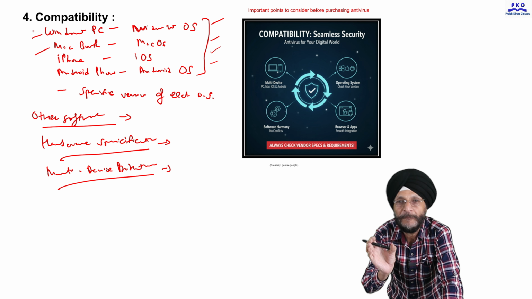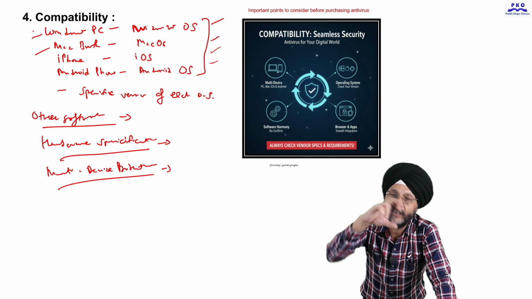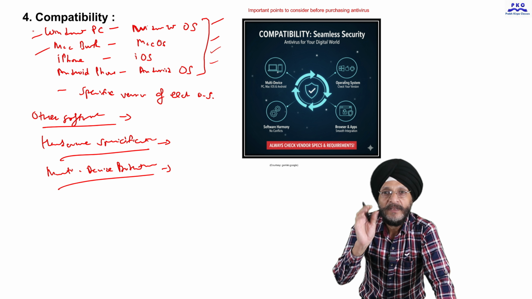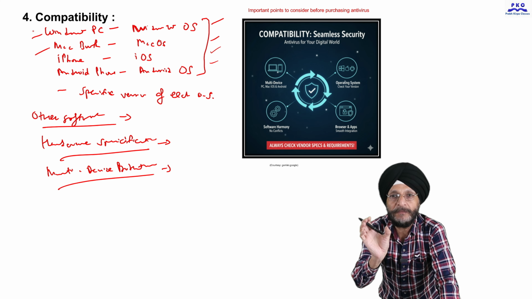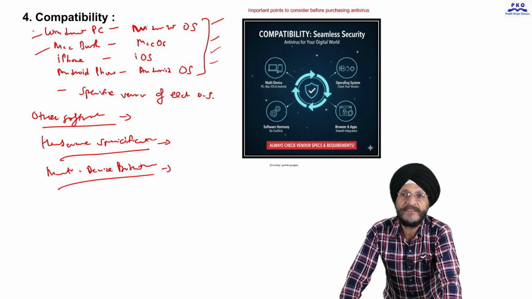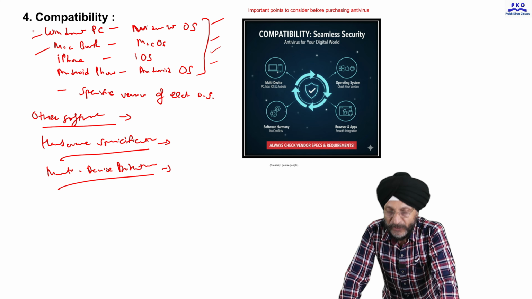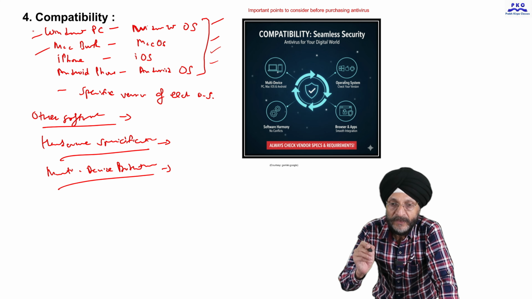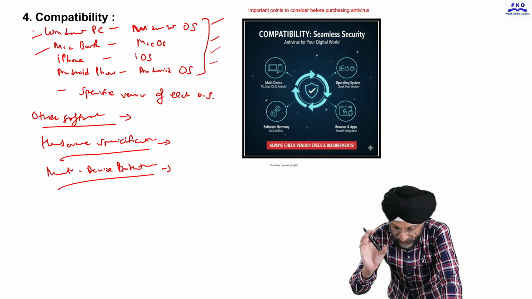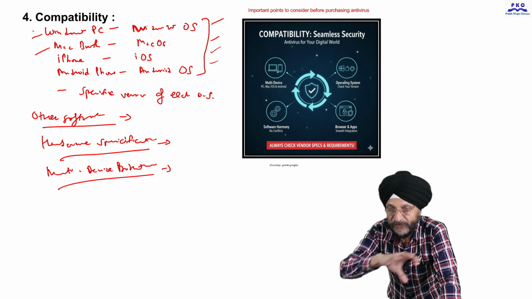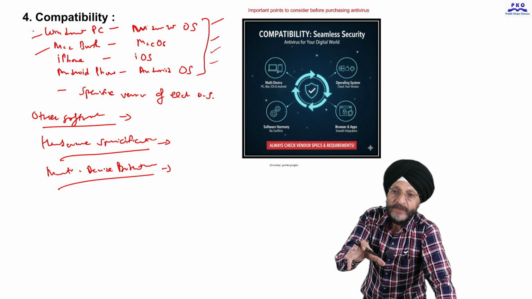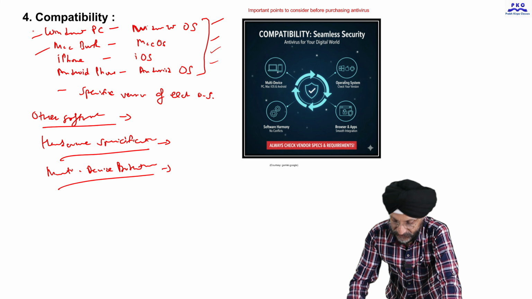So when we have multi-device protection under a single plan, at the time of renewing, a single subscription will cover all our devices and the protection will be provided by the antivirus software. So we should purchase that antivirus software which provides us coverage in respect of various devices under a single subscription.